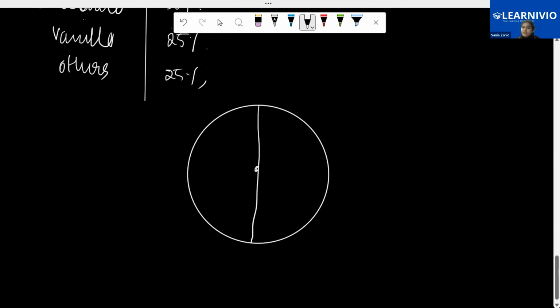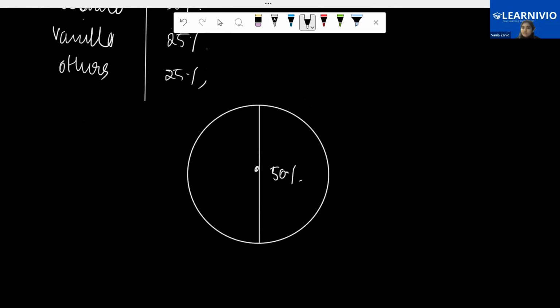I can draw a straight line. I can directly write 50% over here because this is 50% of the circle. It is occupying 50% of the space. So this is chocolate. Now you see the remaining 50% is again divided into equal parts, which is 25 and 25. Vanilla and other flavors.